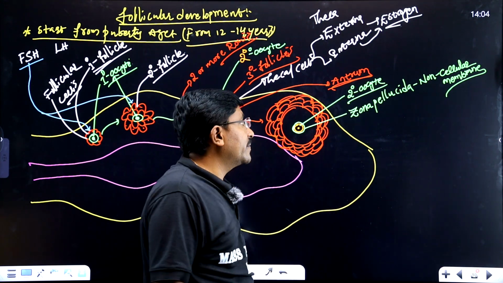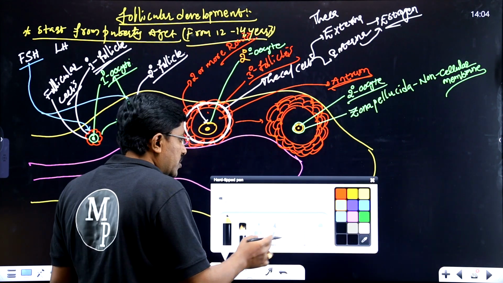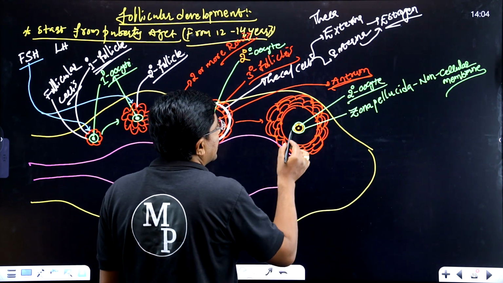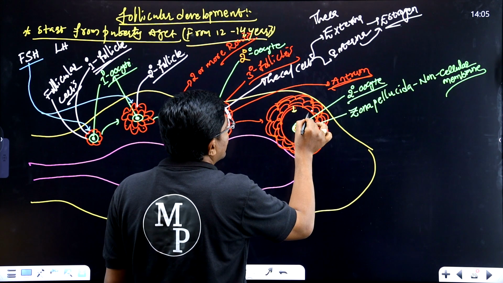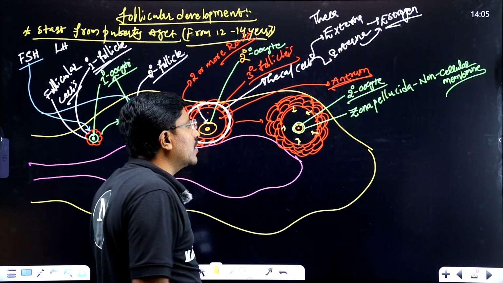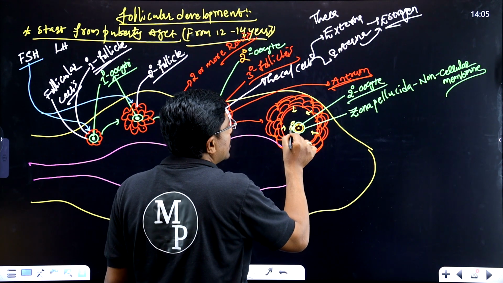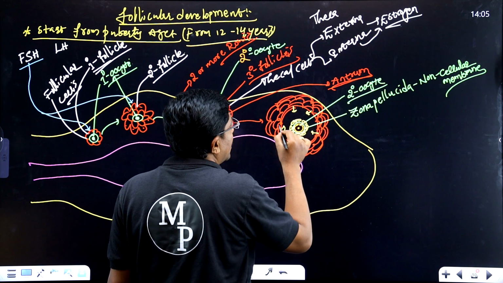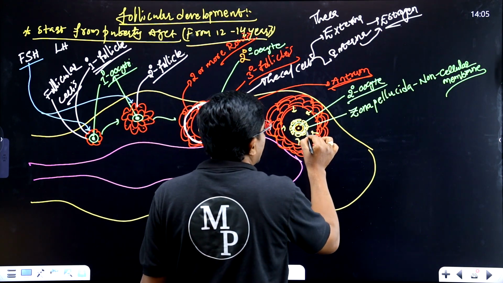It is the first layer, and it is more close to the secondary oocyte. After that, some granular cells differentiate from the inner lining of granular cells, and are arranged into one more layer on the surface of the zona pellucida.